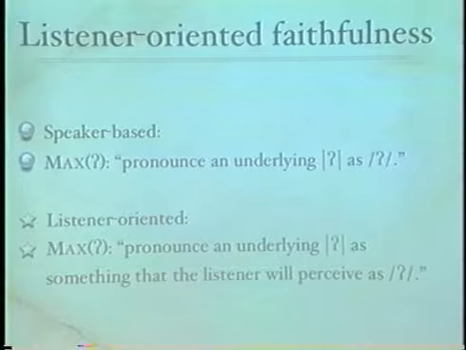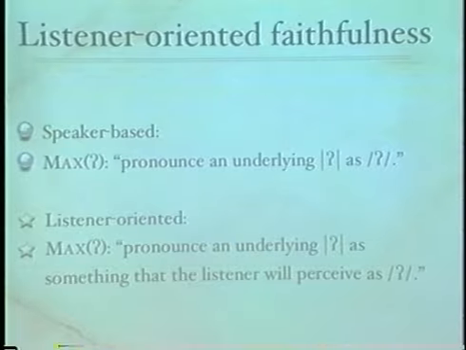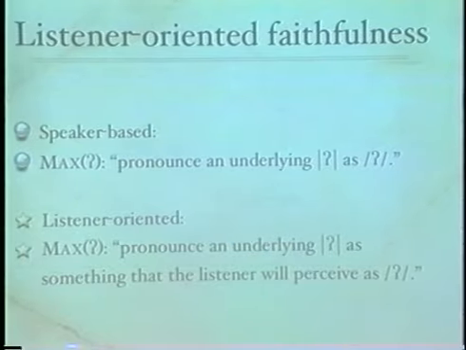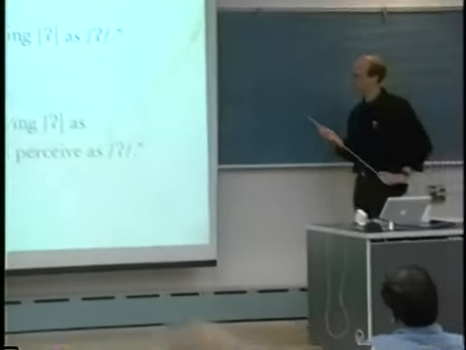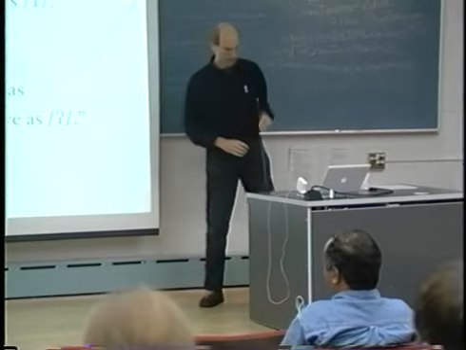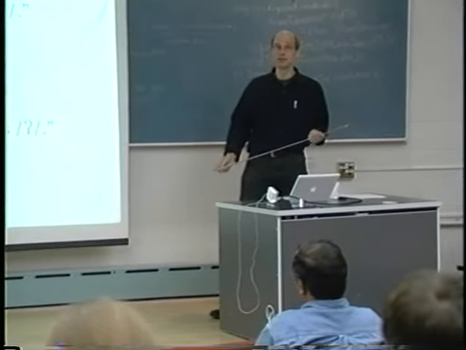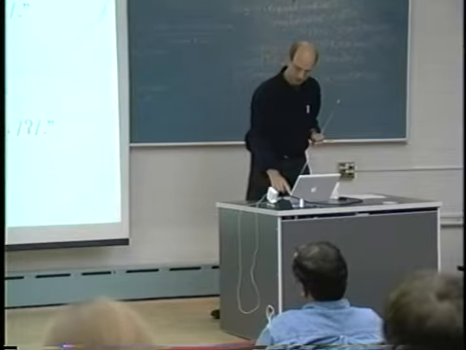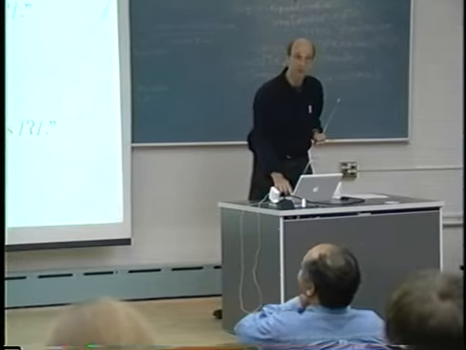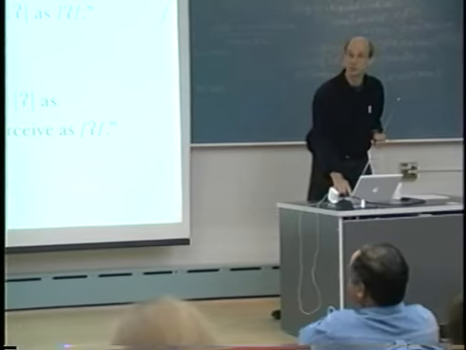Because how can you tell if something is a glottal stop? But maybe you can tell whether a listener will hear it as a glottal stop, will perceive a glottal stop. Perception is a language-specific thing, you know. So maybe the French will perceive a glottal stop in certain situations that others wouldn't.